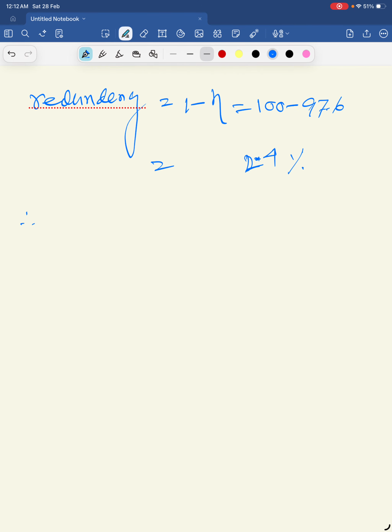So finally we can state what L bar is, what H of x is, what eta is, and what 1 minus eta is.